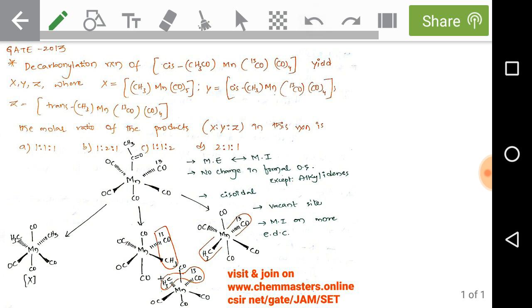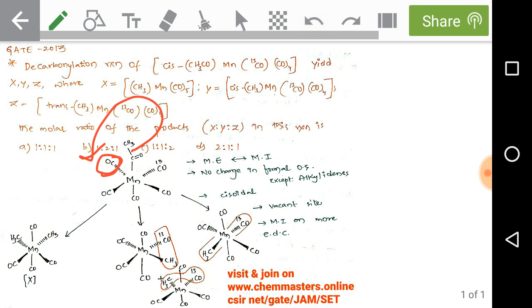Now, is there any other possibility to get the same cis product? Yes, if this CO eliminates and it forms a vacant site here, then again CH3 can insert in the vacant site. If you do that, we can get this product.